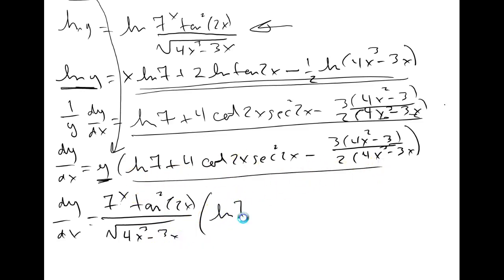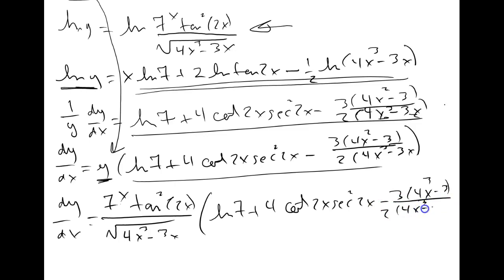That's the natural log of 7 plus 4 cotan 2x secant squared 2x minus 3 inside of 4x cubed minus 3, all over 2, or 2x I guess, but 2 is fine, 4x cubed minus 3x, bracket.